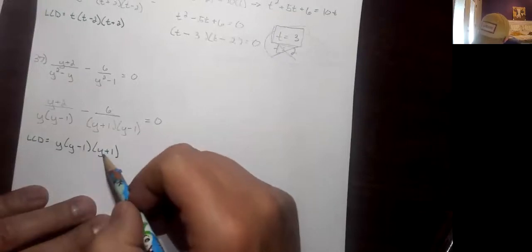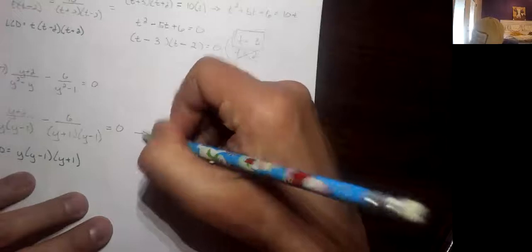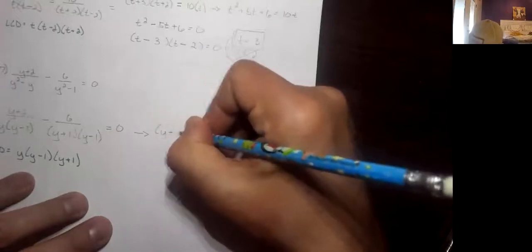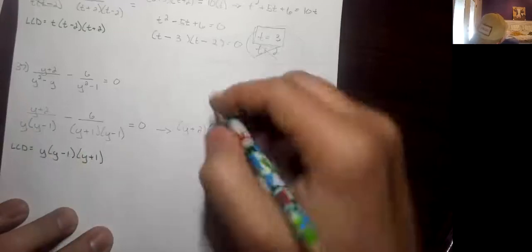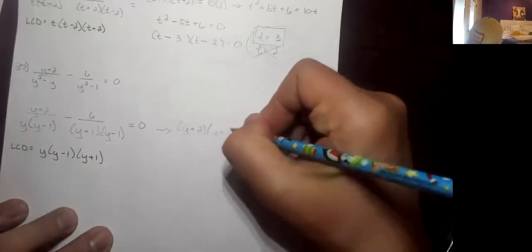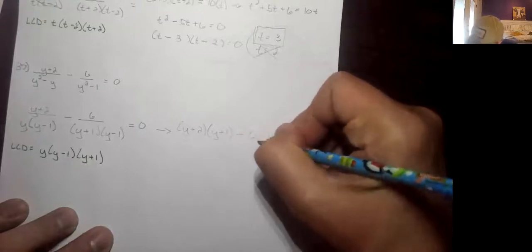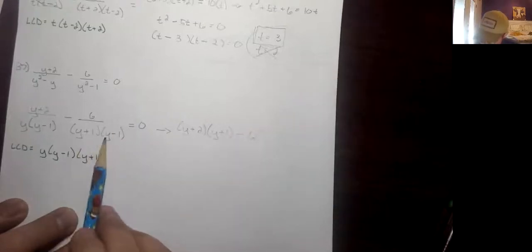So y times y minus 1, y plus 1. So when I start multiplying, I have my y plus 2 here. I'm going to multiply that by what's missing. I have my y minus 1. I'm just missing a y plus 1. Minus 6 times whatever I'm missing here.